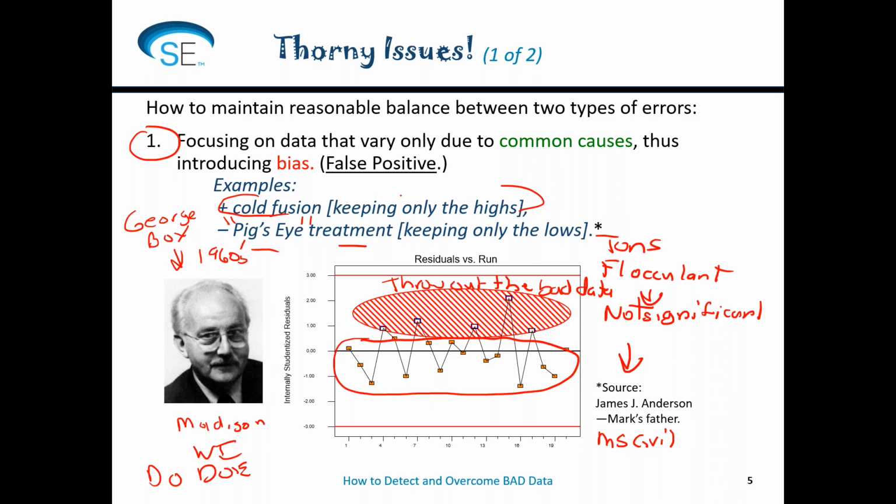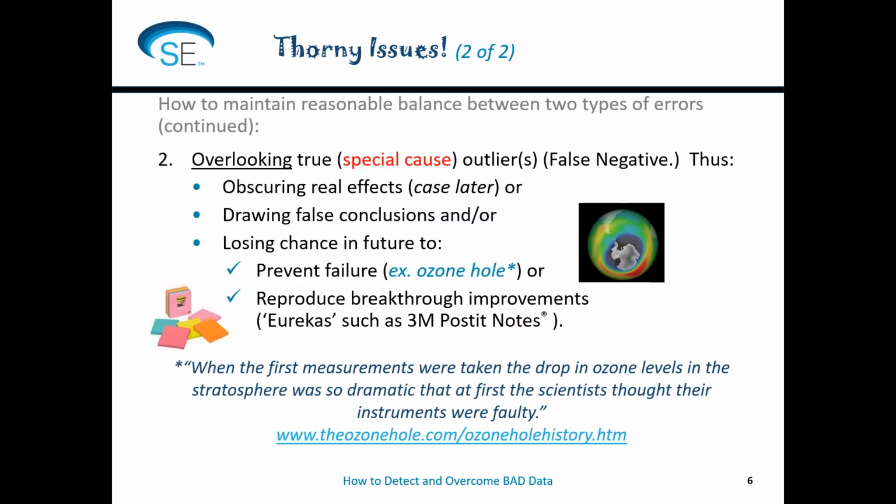You may recall that they thought they saw evidence of cold fusion, but here again, they were biasing the results by keeping only the high results. So this bias is something to really watch out for and be very careful about, so that you can avoid these false positives.